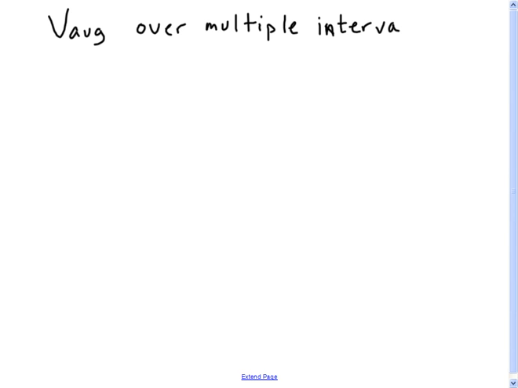So within interval problems, sometimes we're interested in V average over multiple intervals. Now let's consider, what are all the ways to find V average?